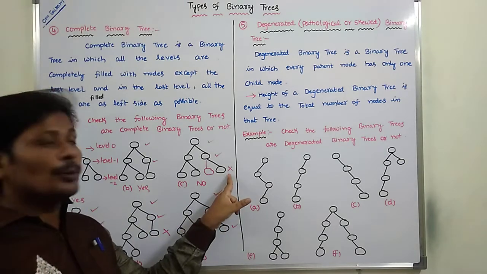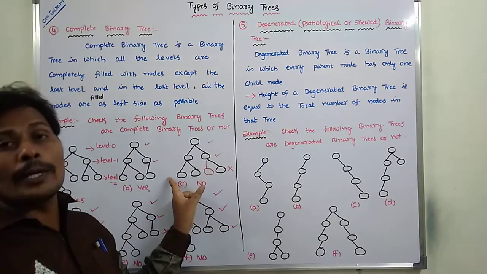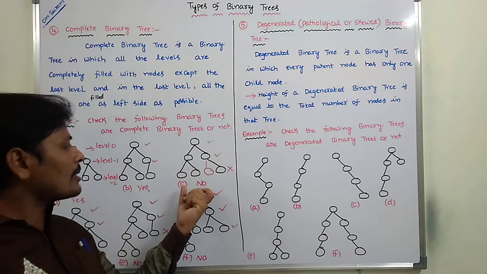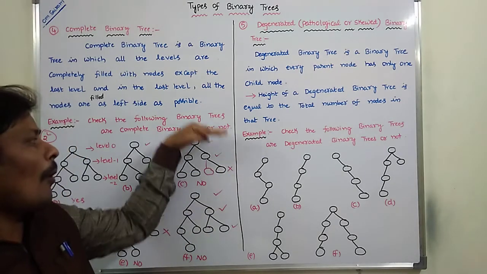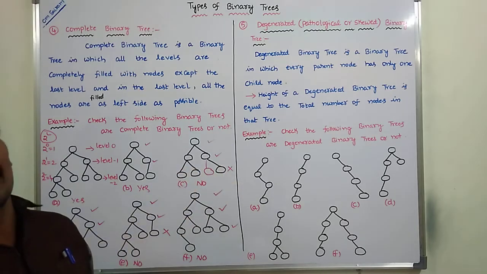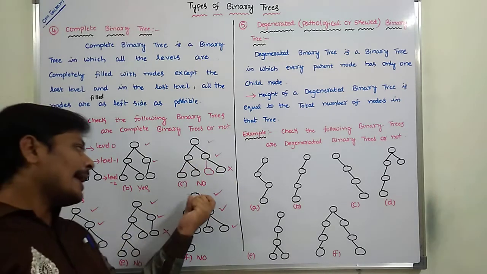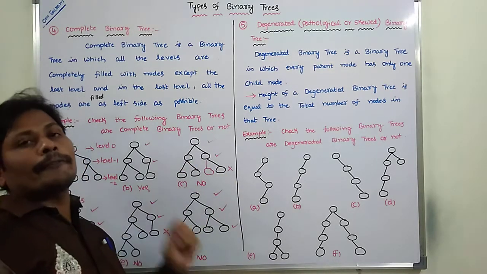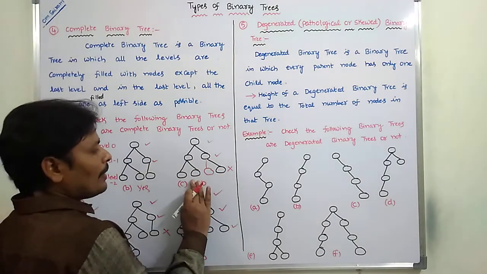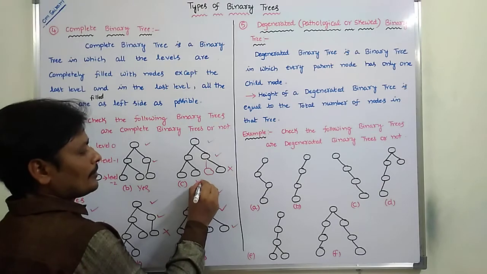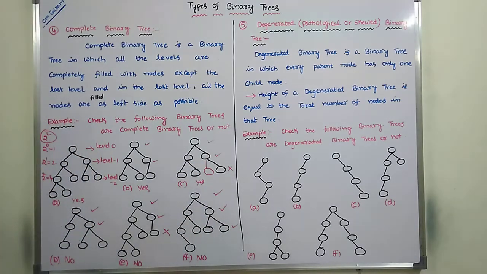In the level 2, 2 power 2, four nodes are there. But in the last level, it is not there. So up to level 2, all levels are completely filled. If it is there in the last level, the nodes are filled as far left as possible. After substituting this one, now it is yes. It is a complete binary tree.